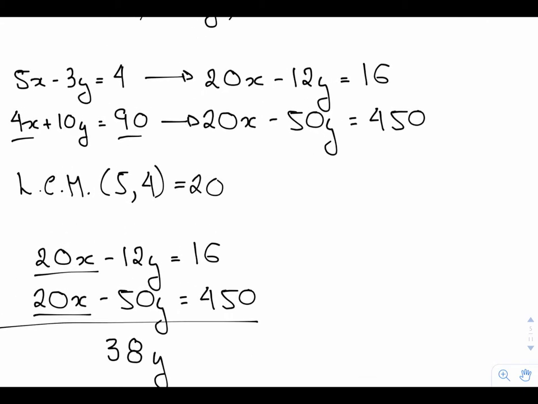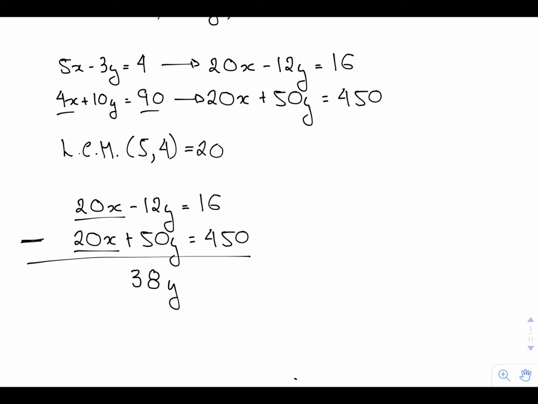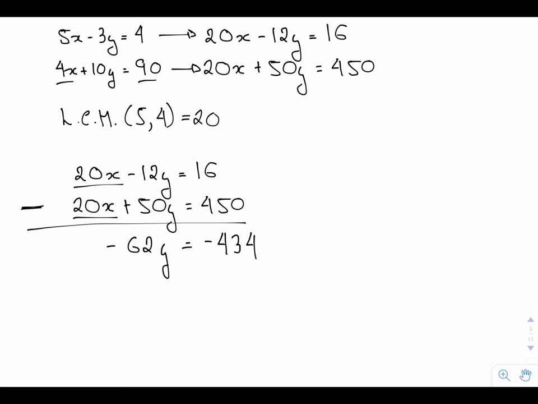There's a mistake here. This was supposed to be positive 50y, so this is not 38. This is going to be negative 62y, and that equals negative 434. At this stage, I can divide both sides by negative 62, and this yields y equals 7.